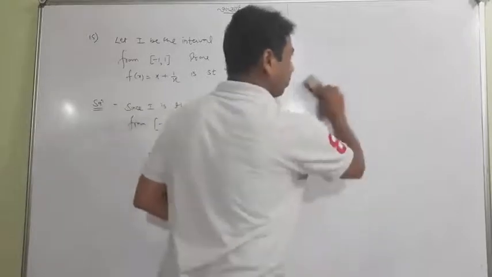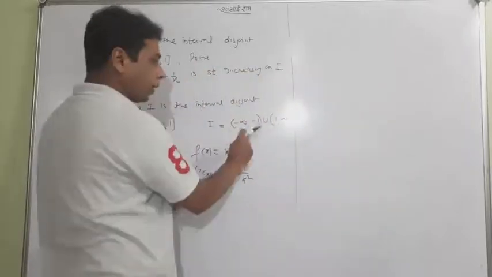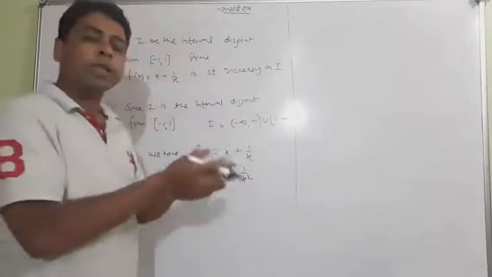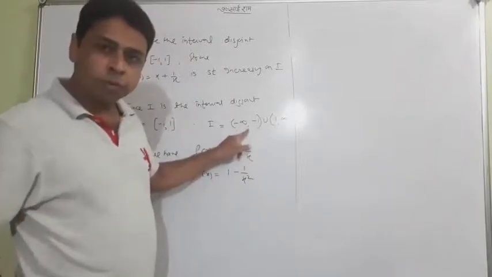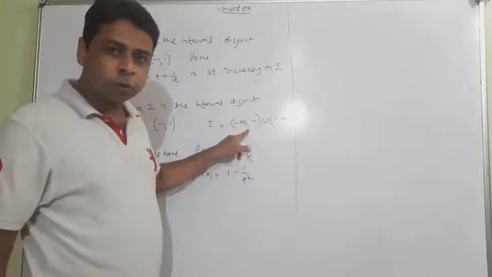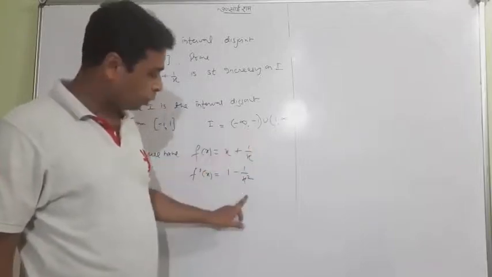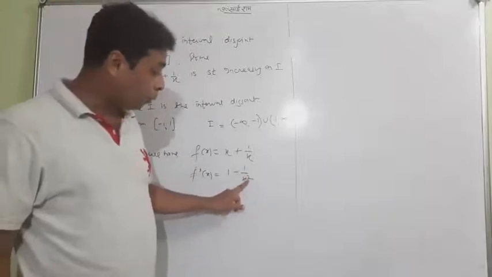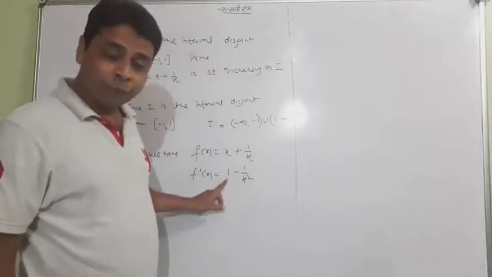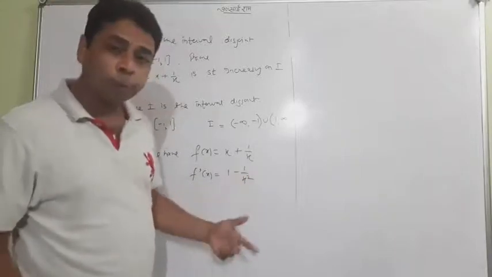Look at minus infinity to minus 1, there are lots of values. Can you take any value between these? Okay, I am taking minus 2. Put minus 2: minus 2 square is positive 4, 1 upon 4 is less than 1. Definitely 1 minus 1 by 4 will be positive.